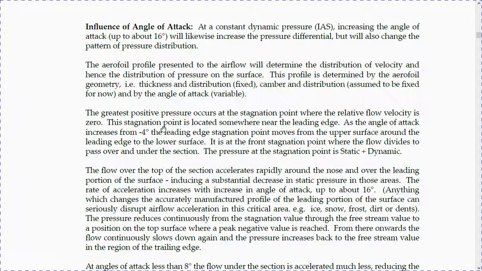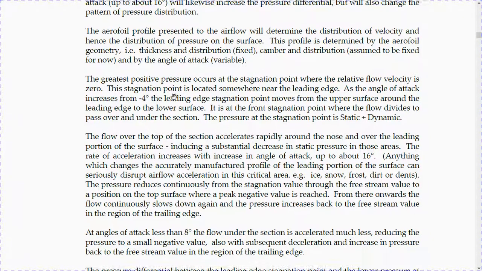This profile is determined by the airfoil geometry, thickness and distribution, camber and distribution, and angle of attack, which is the only thing that's variable here for the moment, because camber and distribution can be changed. But for the moment, let's say the only way to change the geometry is by changing the angle of attack, giving a constant speed.